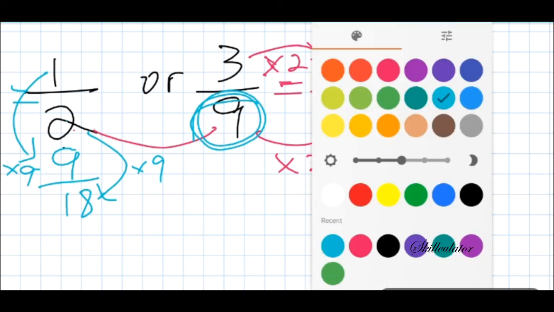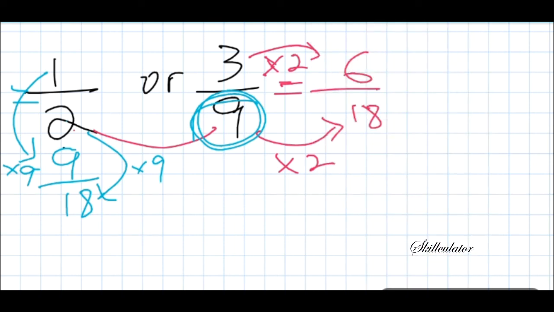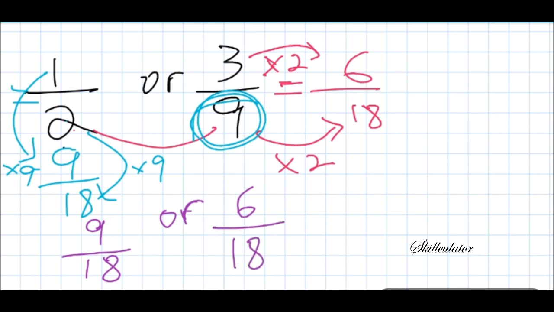So what are the fractions that you're now comparing? All right, 1 over 2 has now become 9 over 18, right? And on this side, 3 over 9 has become 6 over 18. So you see how we got the 18? It was just 9 times 2.